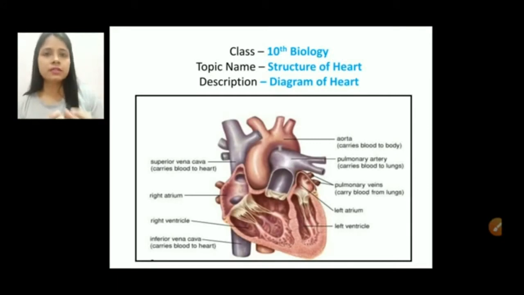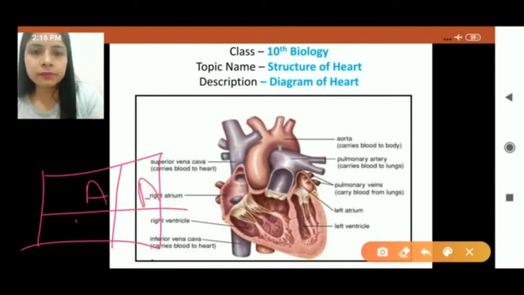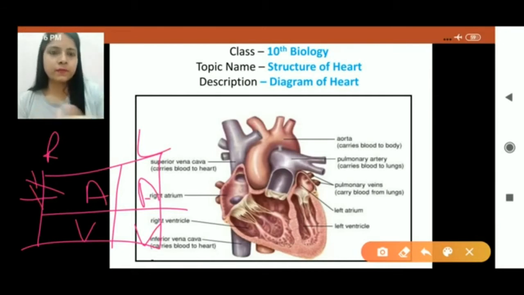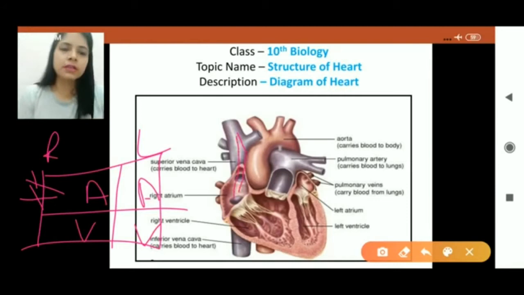Deoxygenated blood from the whole body is passed to the right atrium. This is the right atrium and this is the vena cava, which passes the deoxygenated blood to the right atrium.